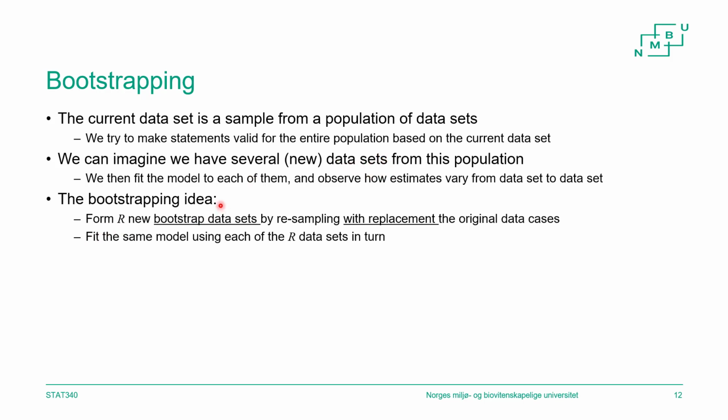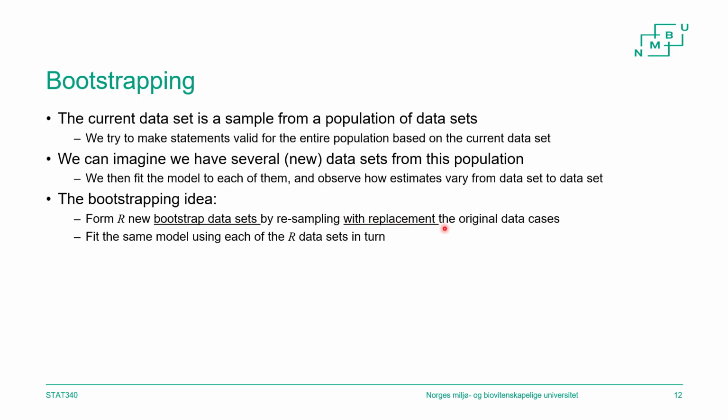And here is the bootstrapping idea. Form new bootstrap datasets simply by resampling with replacement the original data cases. So you create artificial datasets by resampling with replacement the original data cases. And what does this mean?